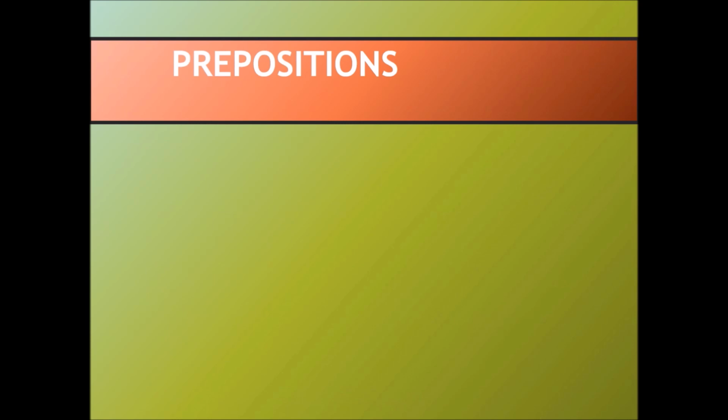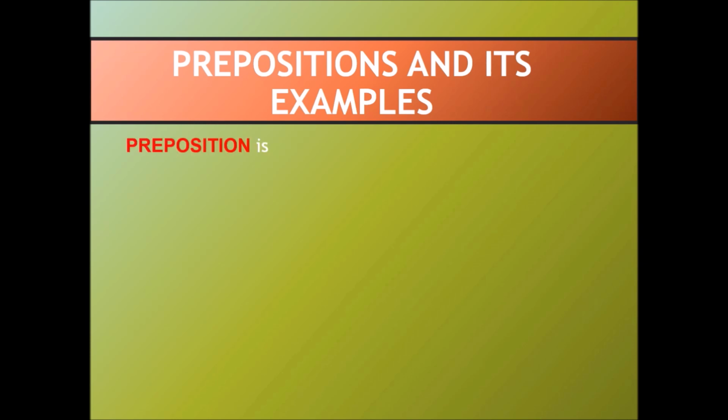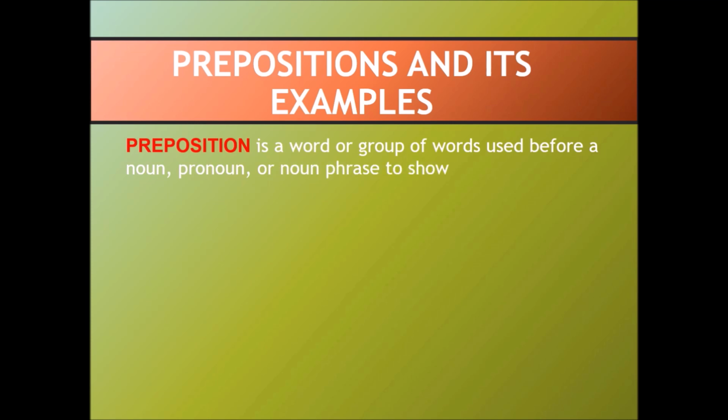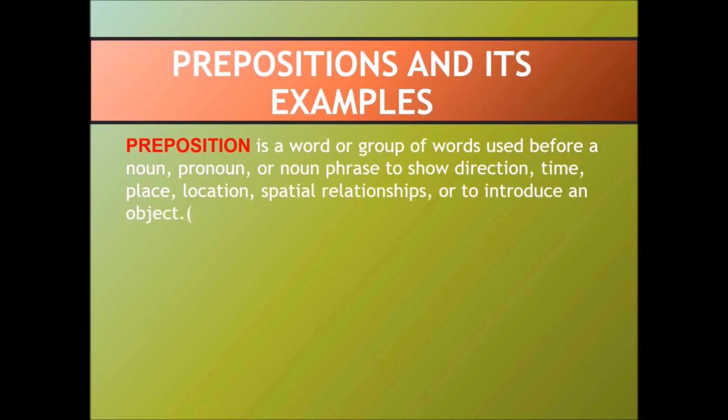Now let's go to the next group of the minor function words, the prepositions, with its examples. So preposition is a word or group of words used before a noun, pronoun, or noun phrase to show direction, time, place, location, spatial relationships, or to introduce an object, according to Wikipedia. Types of preposition.